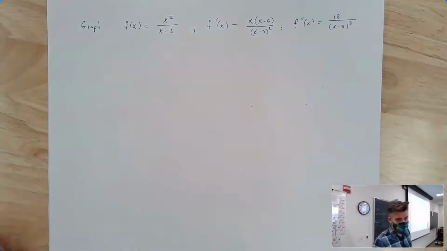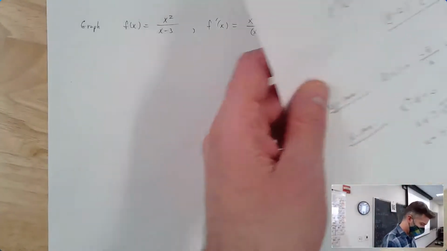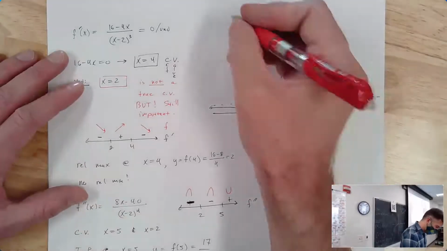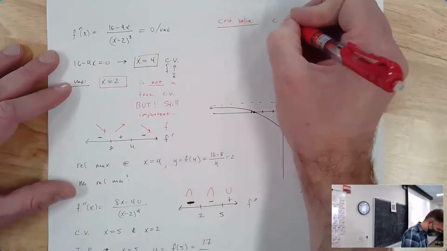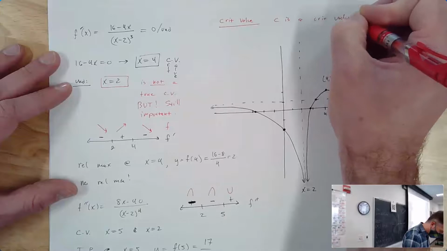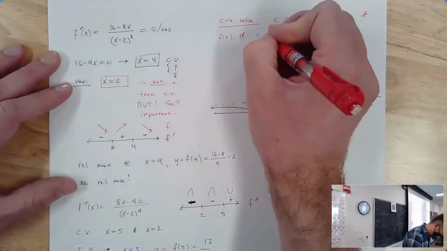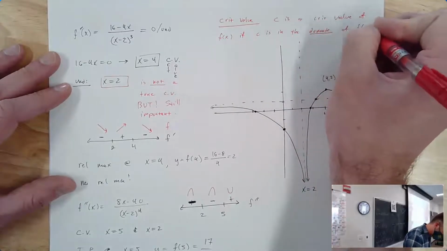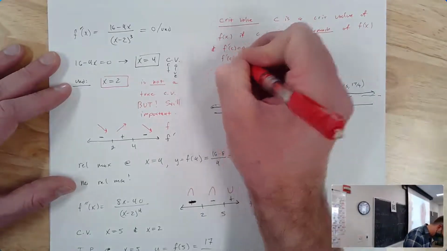Okay. There's a question, why is 2 not a true critical value for the first derivative? So if you look at the definition of a critical value, at least the standard definition: C is a critical value of f of x if C is in the domain of f and either f prime of C equals 0 or f prime of C does not exist.